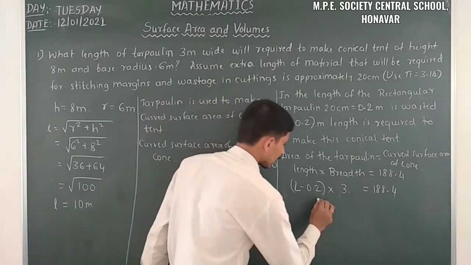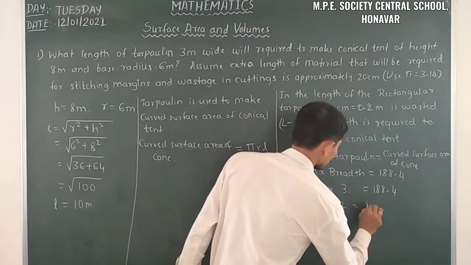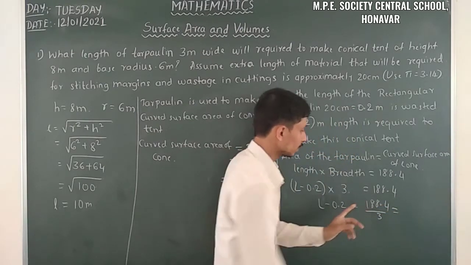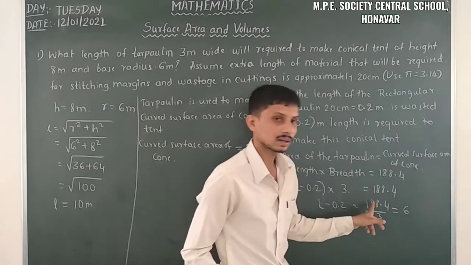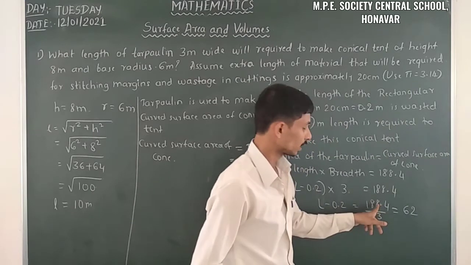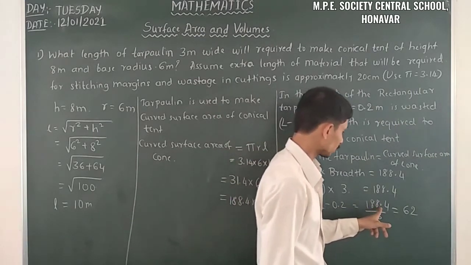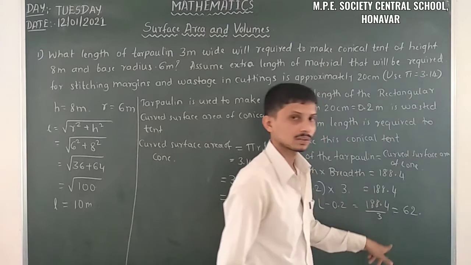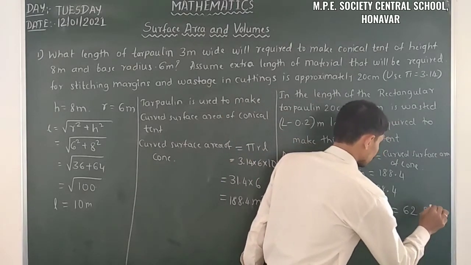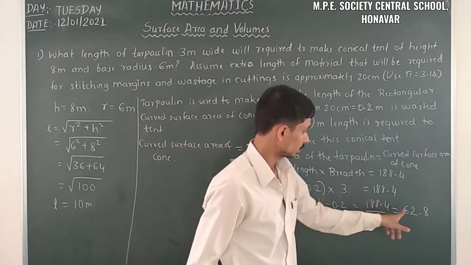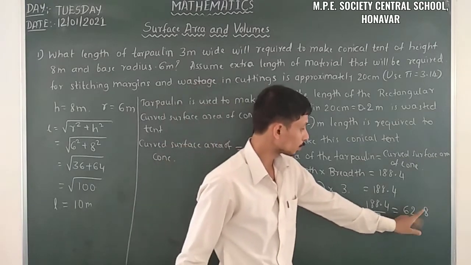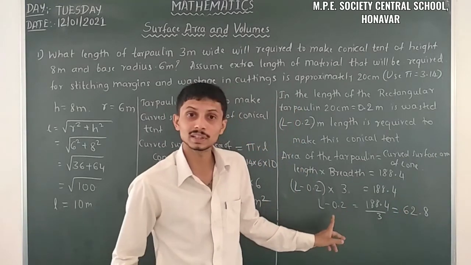So L minus 0.2 is equal to 188.4 divided by 3. 3 into 6 is 18, 8 comes, 3 into 2 is 6, 2 remains, so we can take the point and take 4 here. 3 into 8 is 24, and 3 into 6 is 18, yes, correct. So we have the answer, 62.8, that is L minus 0.2.